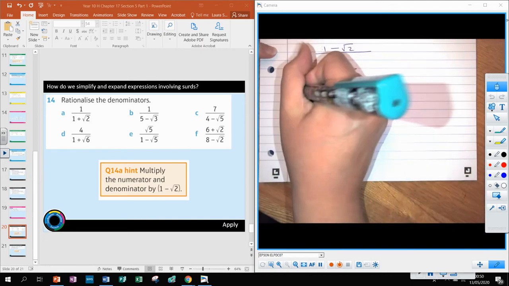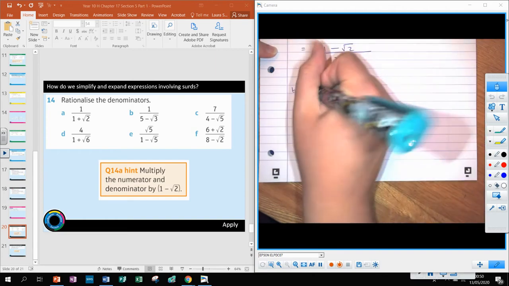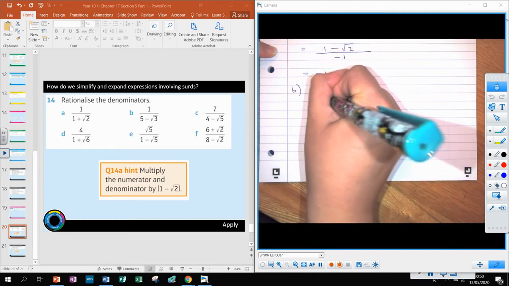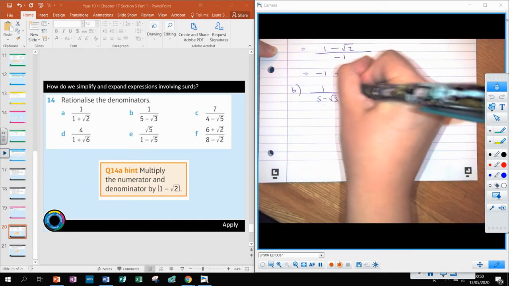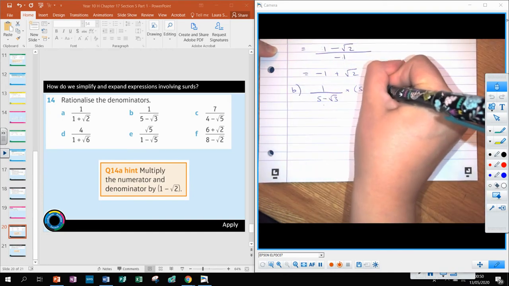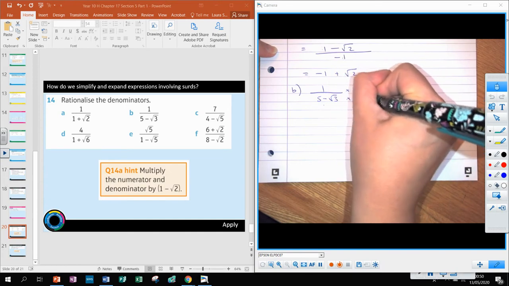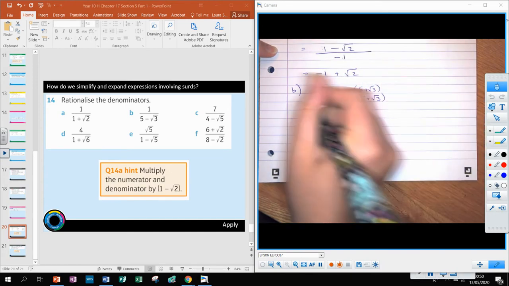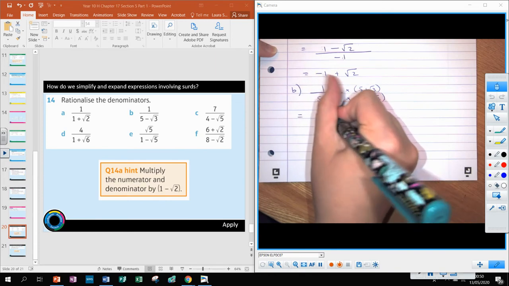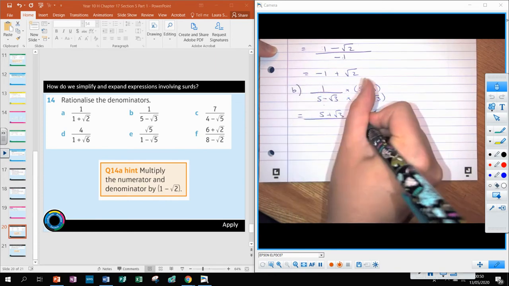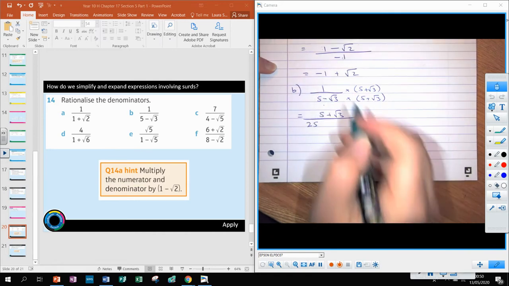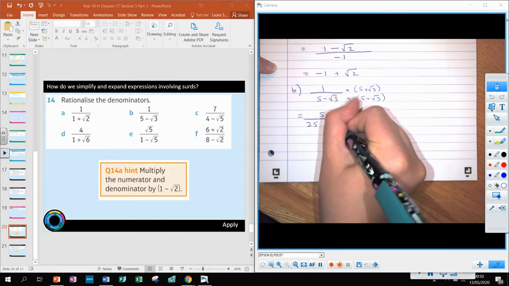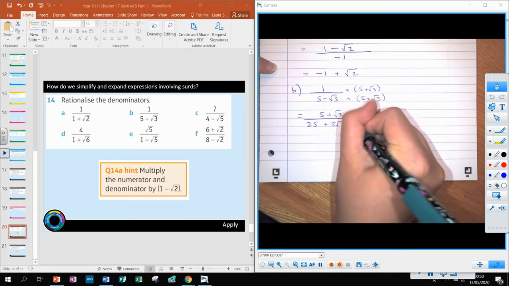Let's take a look at part B. So we have 1 over 5 minus root 3. We're going to change the sign, so we're multiplying by 5 plus root 3, top and bottom. That's going to be 5 plus root 3 on the top over 5 times 5, and then plus 5 root 3 minus 5 root 3.